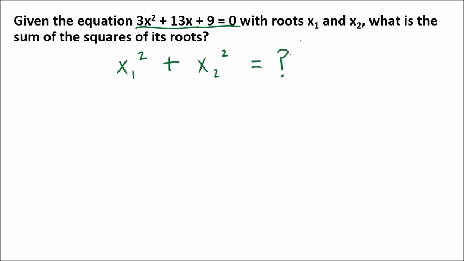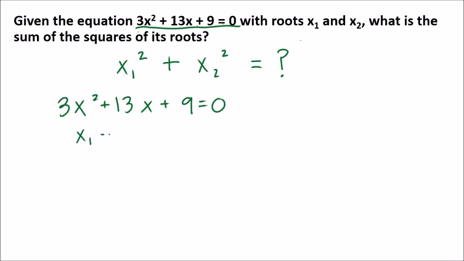But the real question is, how do we find that? Sure, we know what that means, but how are we supposed to figure that out? Well, they're squared, so we must have to square something. Let's hold on to that for a second and go back to the equation. 3x squared plus 13x plus 9 equals 0. So they're asking about the roots, so we might as well just write down the sum and the product of the roots.